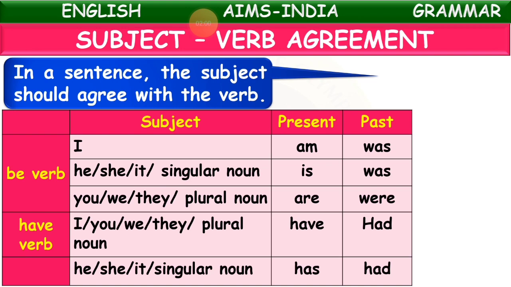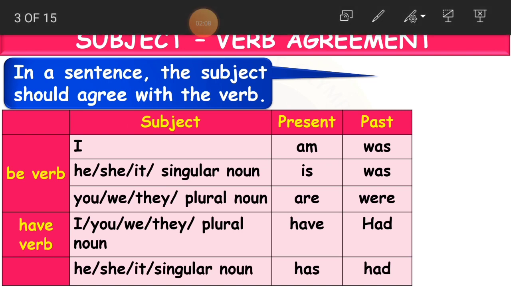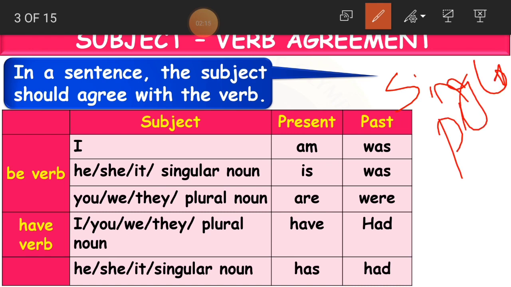I am not talking about 1, 2, 3, 4, 5. That is not the number here. I am talking about singular and plural number. So if the subject is singular, then the verb also must be in singular form.